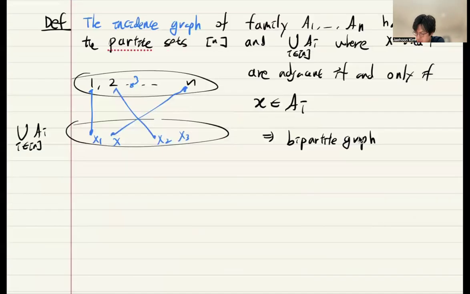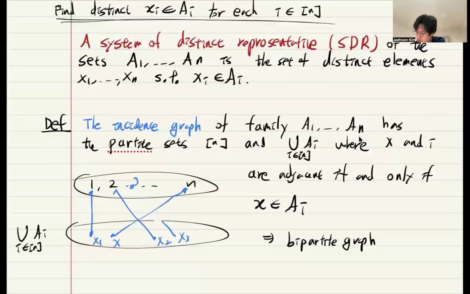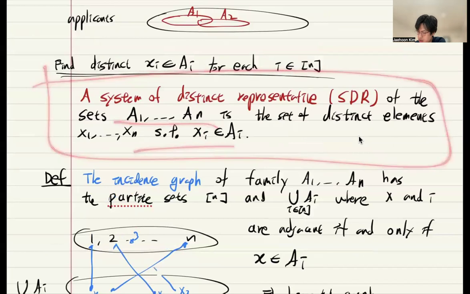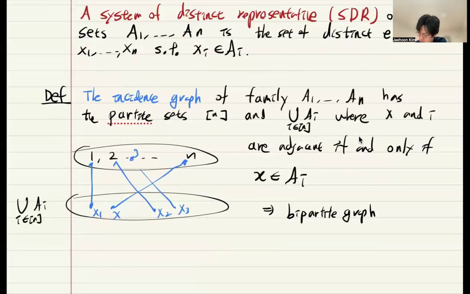Oh, no, sorry. In the system of distinct representatives, this definition requires every job to be filled with an eligible applicant. So this is what the system of distinct representatives looks like.